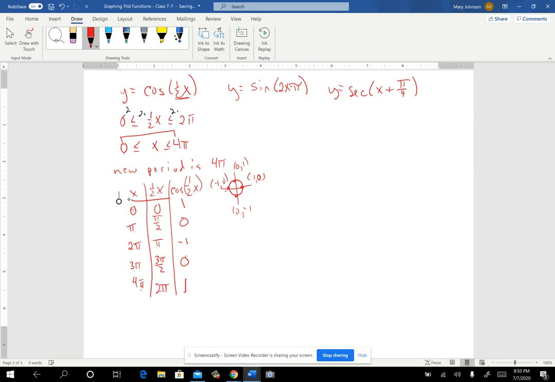But what we actually graph on our coordinate plane are the x's with the cosine 1/2 x. But you see how those 5 key points had the same values here that we get when we do the basic cosine graph. So if you find your new starting point, your new ending point, and you break it up into those 5 key points, the value you're going to get over here will be the same as what would happen if you moved around that unit circle.